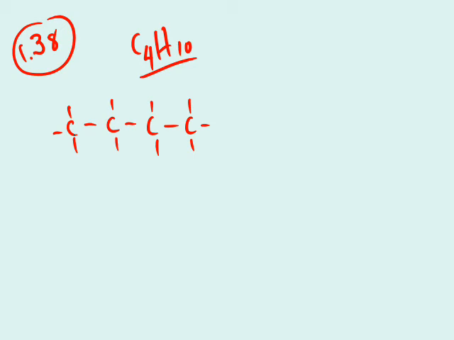So now stick in hydrogen, and you find that that would satisfy C4H10. This has 3, then 4, 5, 6, 7, 8, 9, 10. So that checks out. Now that's one structure.